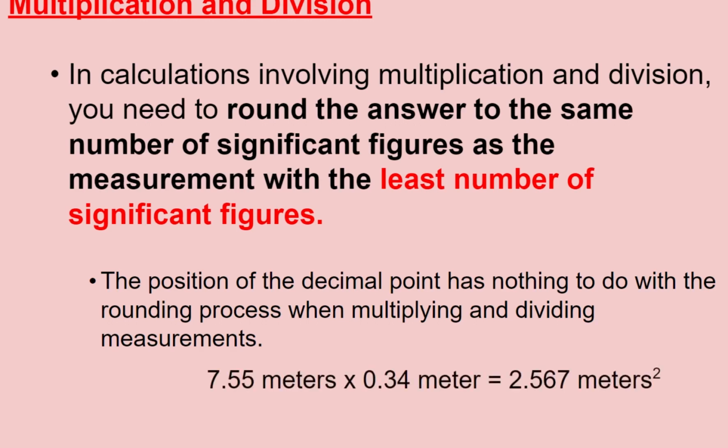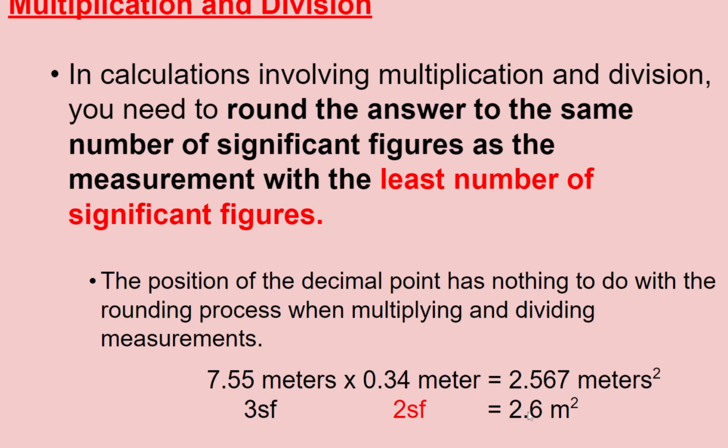So in this example at the bottom, 7.54 has 3 significant figures. Actually, I think I have that. But 0.34 has 2 significant figures. So we're going to put it in our calculator and multiply to get our meters squared, but then we have to round to our least number of significant figures for multiplication and division.